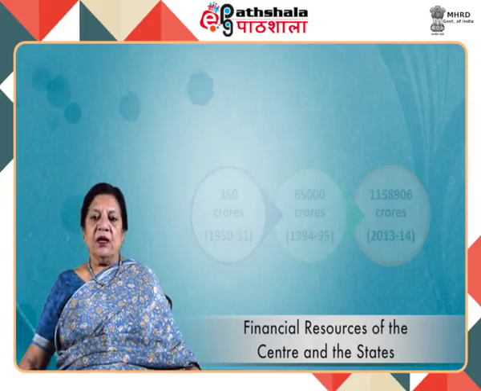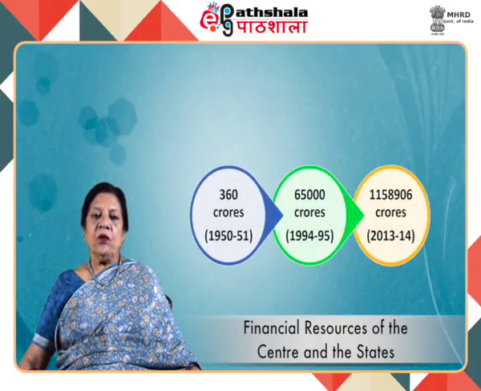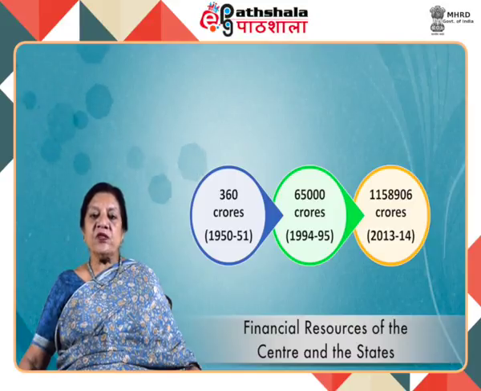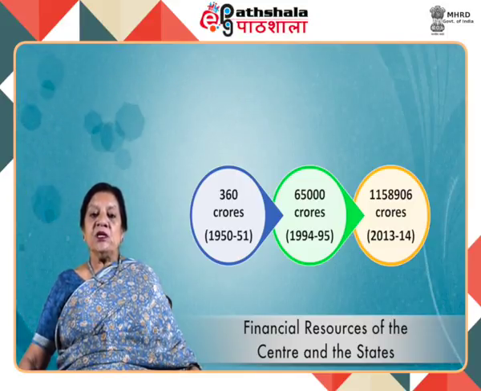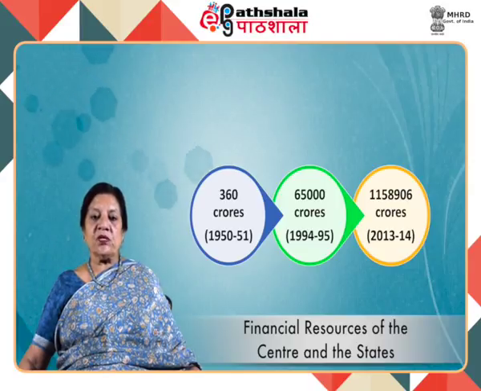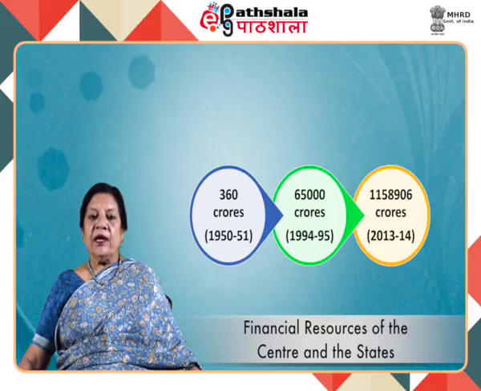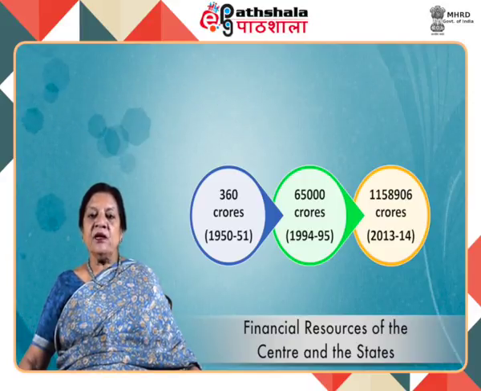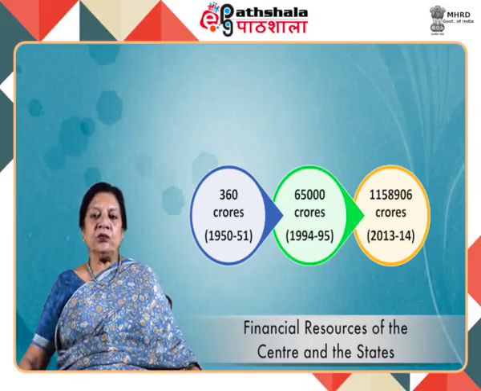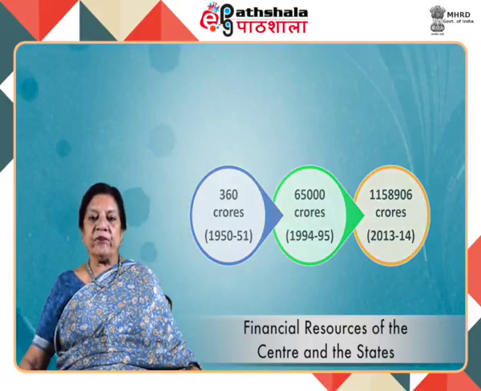For instance, the current tax revenue of the center has risen from rupees 360 crore in 1950-51 to rupees 65,000 crores in 94-95 and to rupees 11 lakhs 58,906 crores in 2013-14 budget.